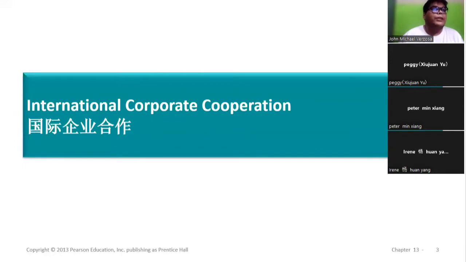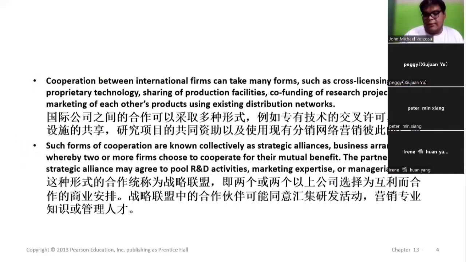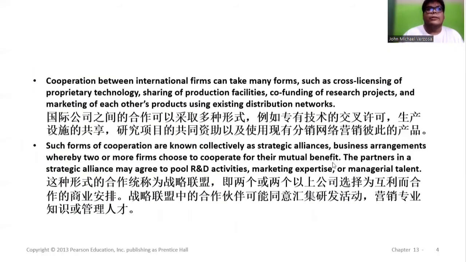So first and foremost, international corporate cooperation. So what is it? It is a cooperation between international firms.